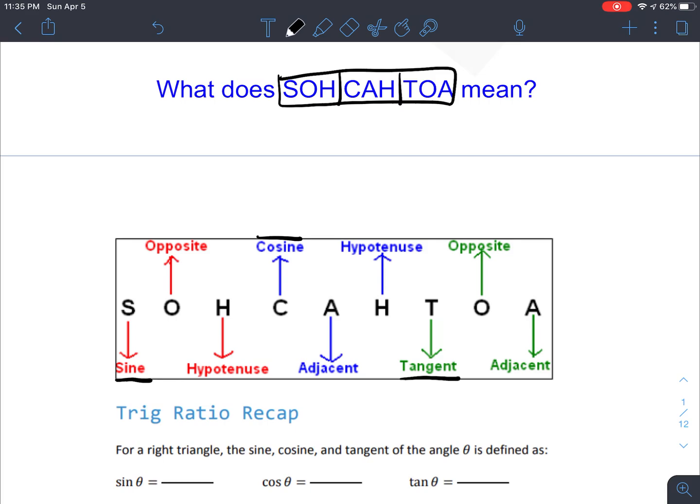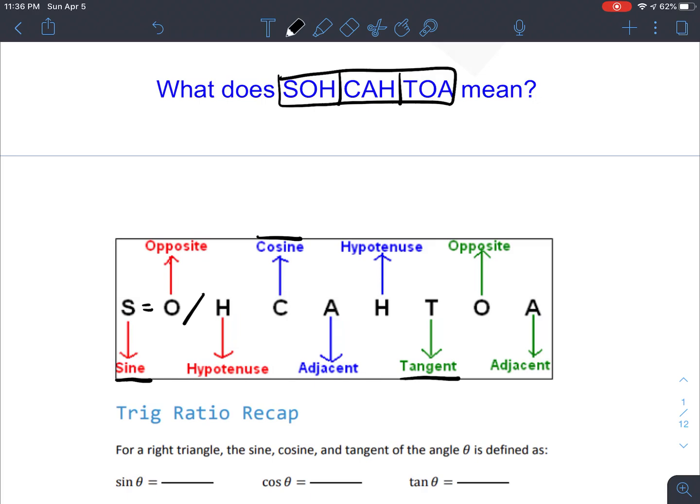The SO, the CA, and the TOA stand for the sine, the cosine, and tangent. The O, H, and A stand for the sides of our right triangle. O will always stand for opposite, H will always stand for hypotenuse, and A will always stand for adjacent. So it is basically saying that sine is equal to the opposite over the hypotenuse.